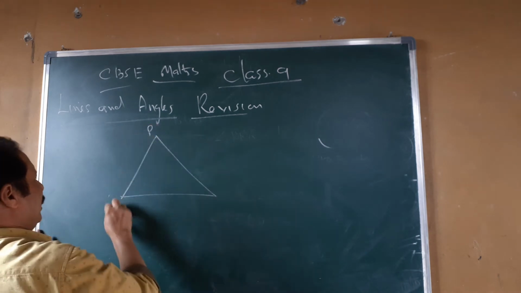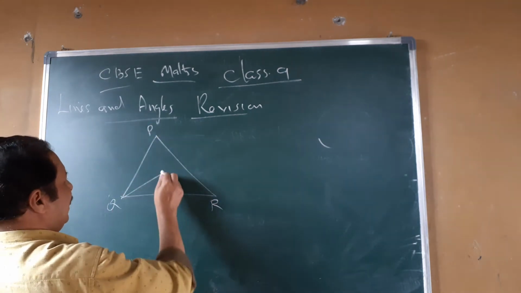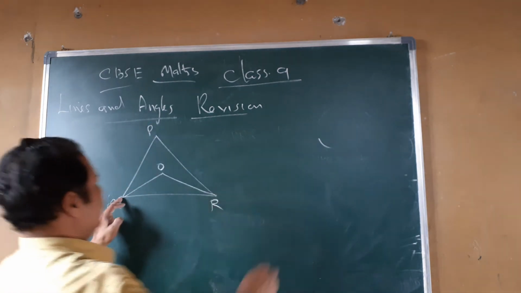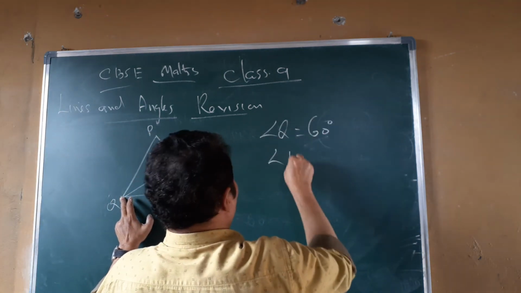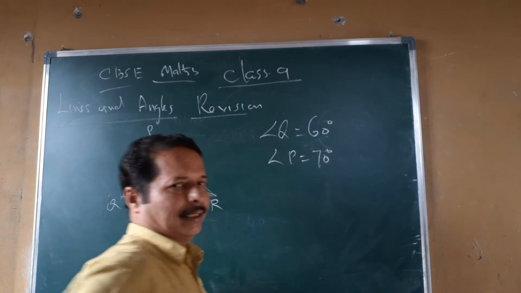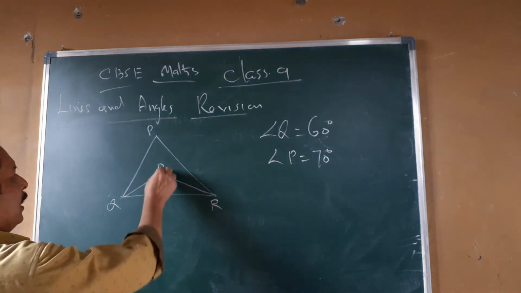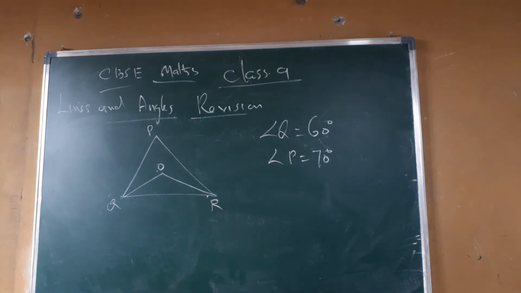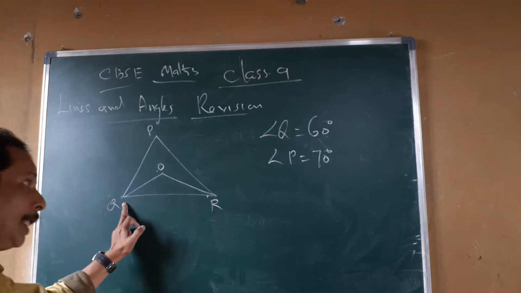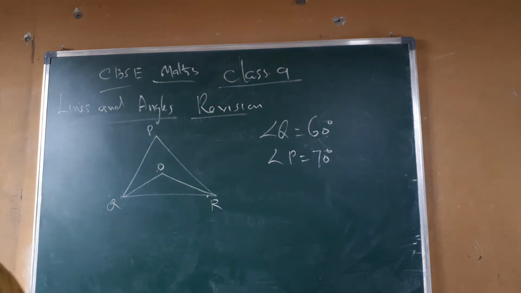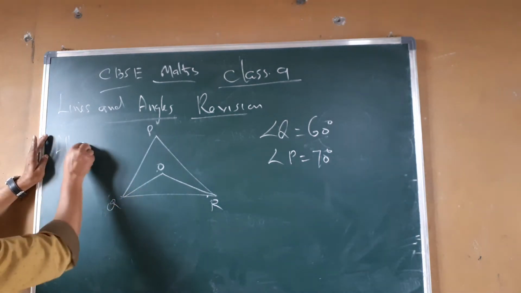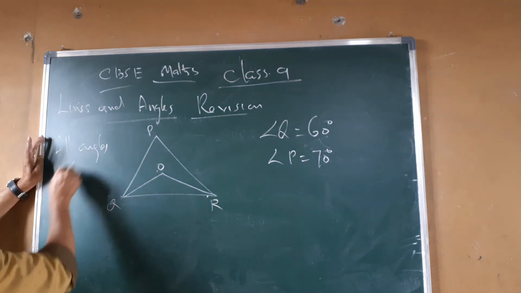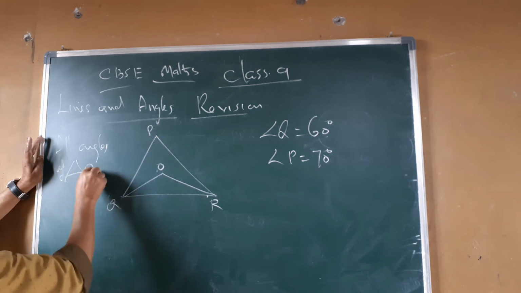Once again, look here. The same figure, that is PQR here, and there are two angle bisectors. Given data, angle Q equal to 60 degree, angle P equal to 70 degree. Given OQ and OR are the angle bisectors of angle Q and angle R respectively, we want to find all angles of triangle OQR.